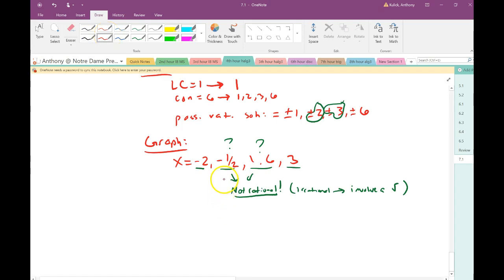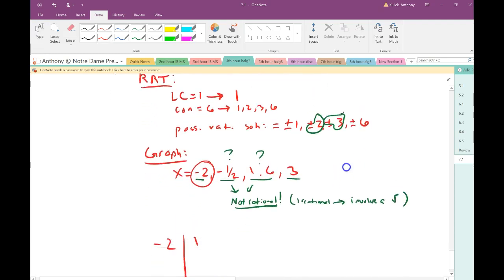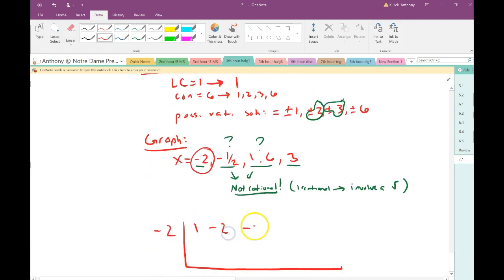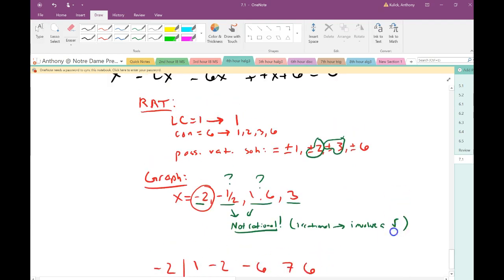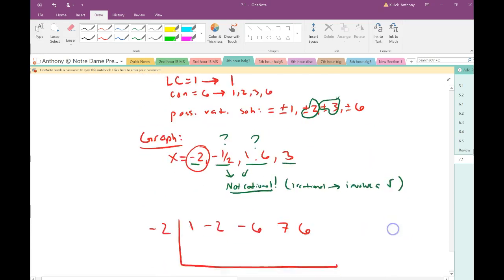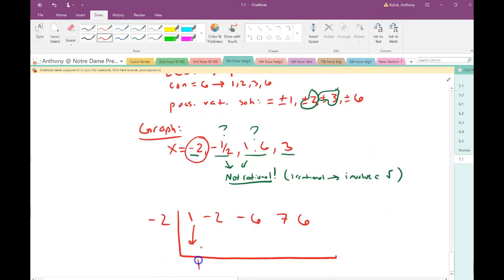But we're going to use, say, this one to start with. So I'm going to start my synthetic division. 1, -2, -6, 7, 6. Okay. Bring the first one down.